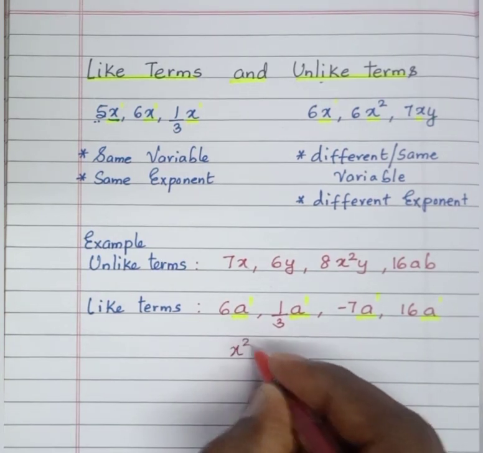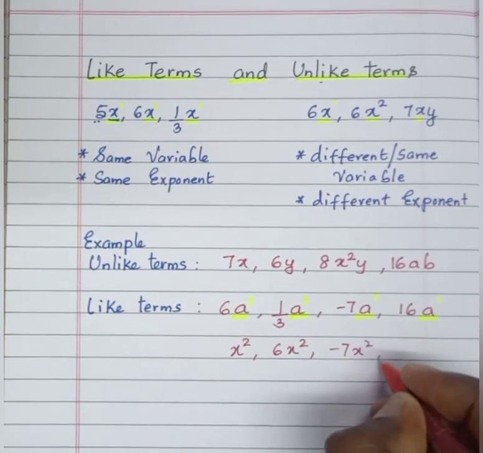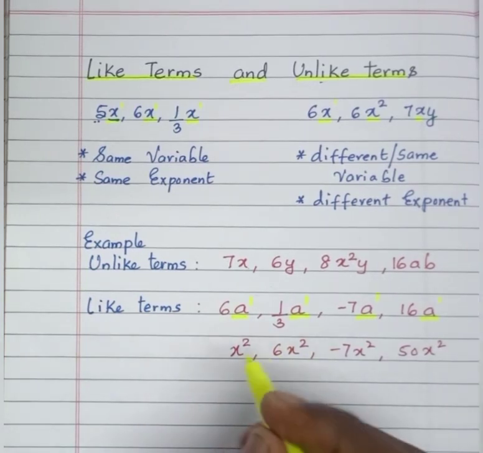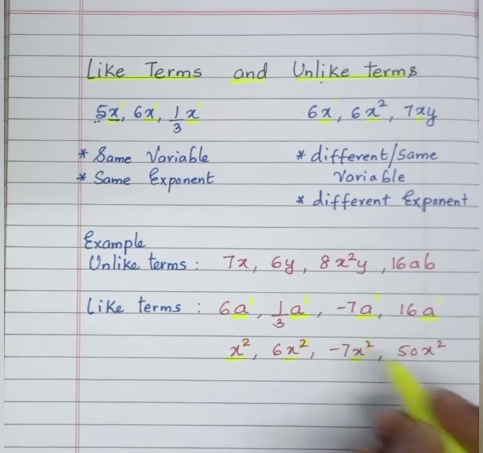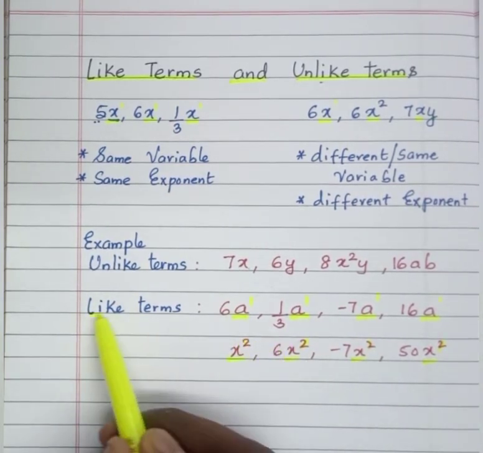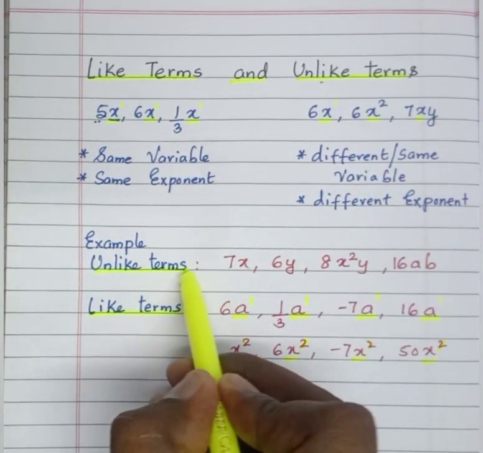Let me write one more example: x square, 6x square, minus 7x square, 50x square. What is the variable here? x. And what is the exponent? 2. So, same variable with same exponent. It is one more example for like terms.